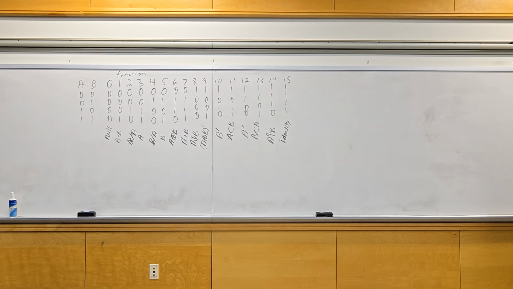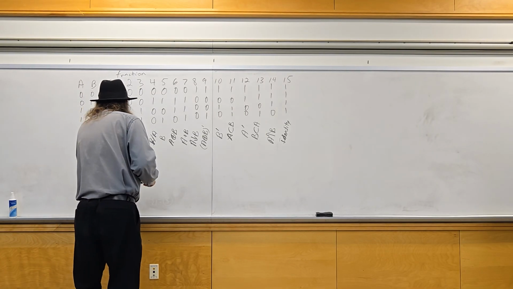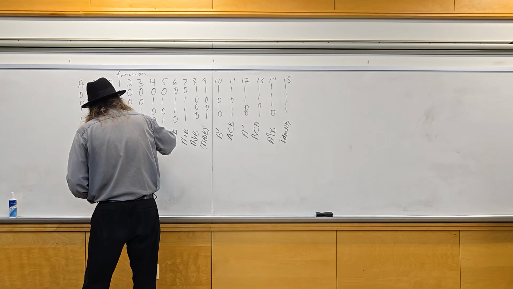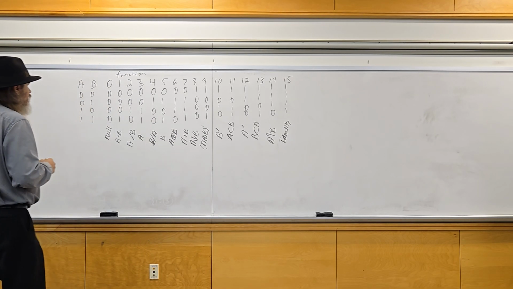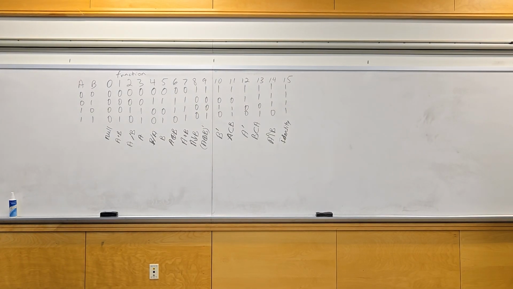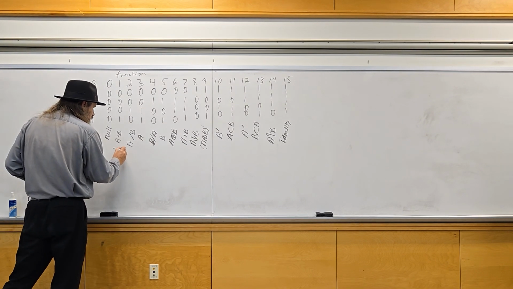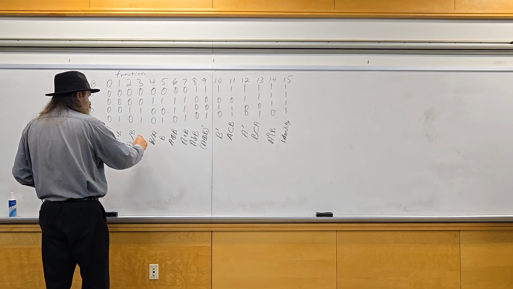Now, the thing with trying to implement these functions in circuits, let's see here, the only ones that are implemented in integrated circuits are the AND. You don't need the identity or transfer.